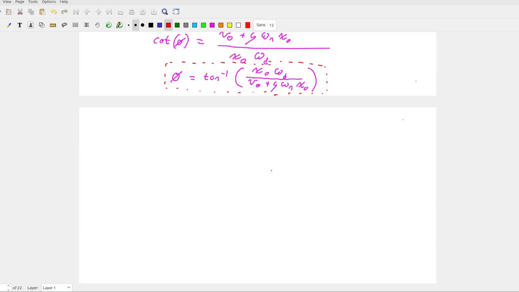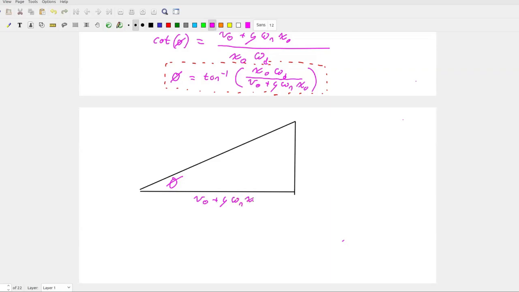Okay. From trigonometric relationships here, I can take phi here, which is a very important value, and I can put v naught plus zeta omega n x naught plus x naught omega d.